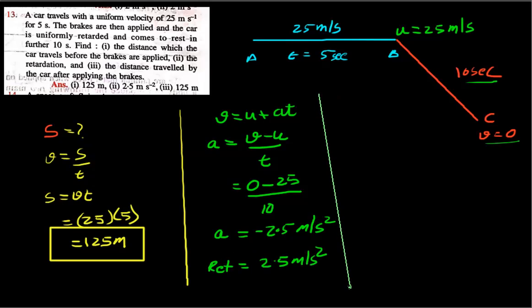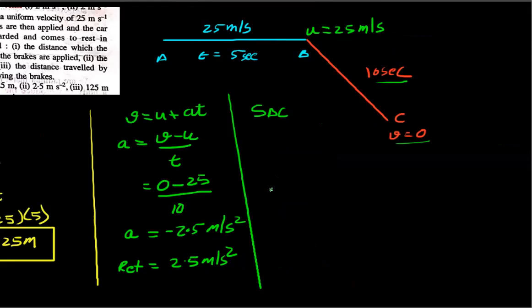Now let's look at the third part. The distance traveled by the car after the brakes are applied. So we have to find the displacement from B to C. Okay, so the formula to find the displacement is S equals UT plus half AT square.